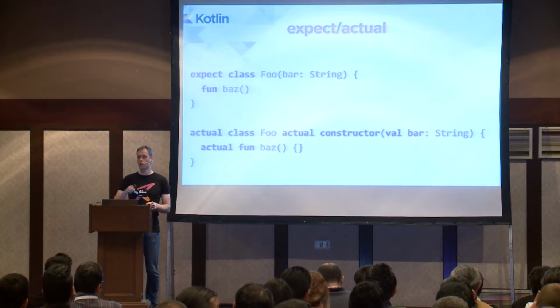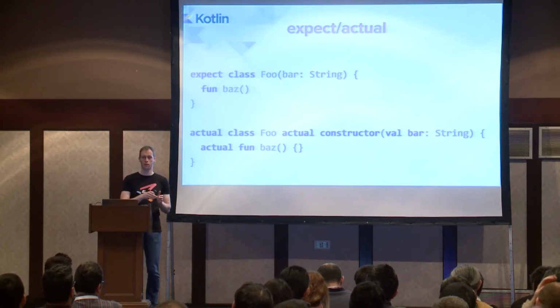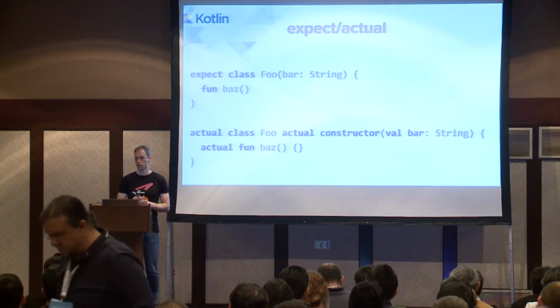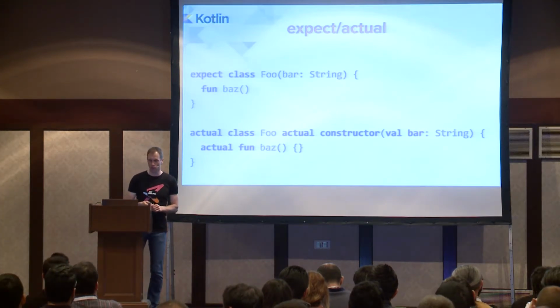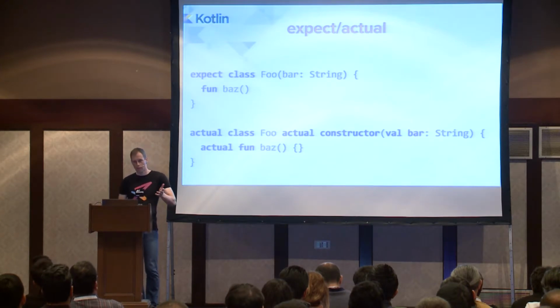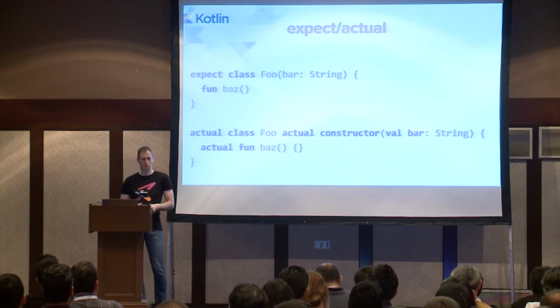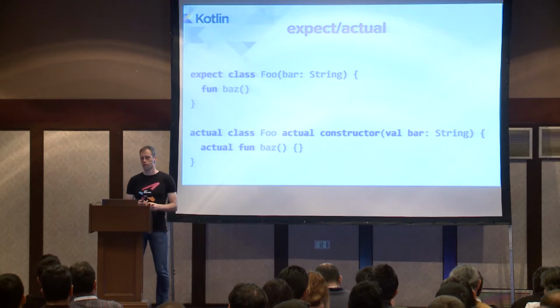So the compiler ensures that all your expected classes from the common module are implemented on all platforms you are using. This again may be a surprise at runtime if you are using the interface approach.